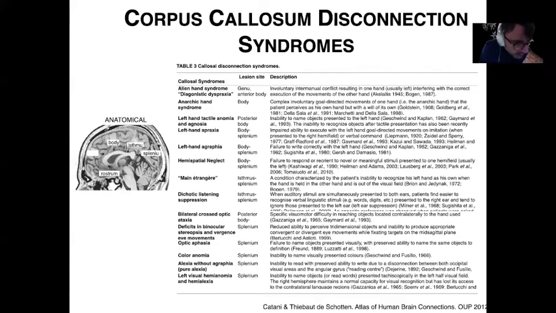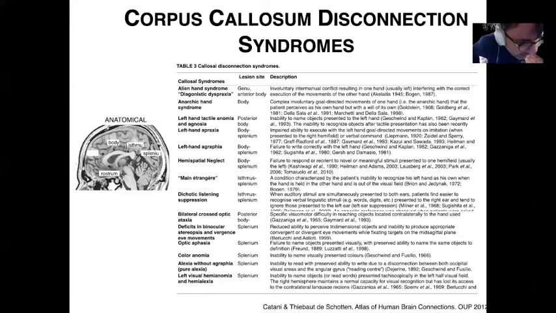Then, if you go a little further, you have alexia without agraphia, which we typically call pure alexia, that has been reported for a disconnection of the posterior part of the corpus callosum. And so the patients are not able to read anymore, but they are able to write.